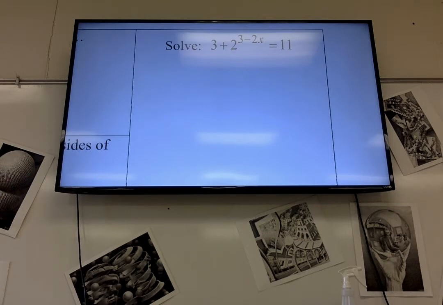So this 2 to the 3 minus 2x, I need to isolate it. So we subtract 3 from both sides. Then we have 2 to the 3 minus 2x equals 8.